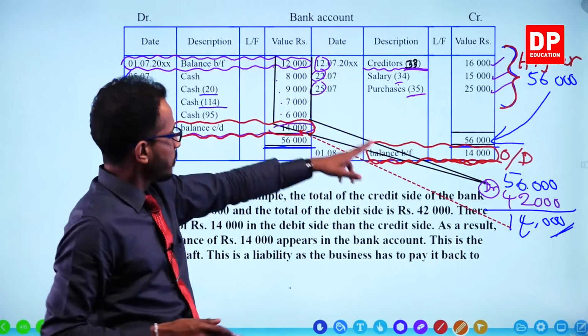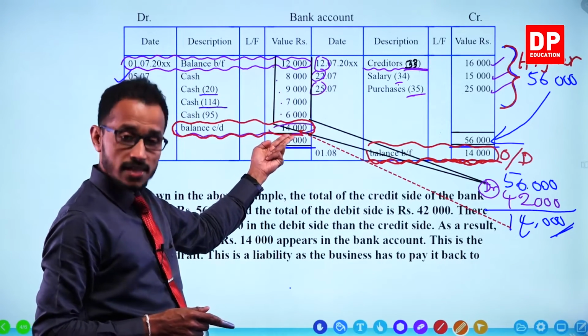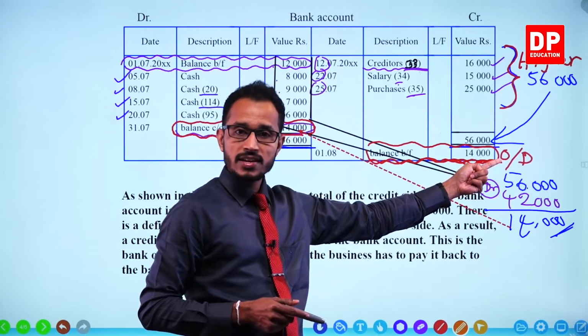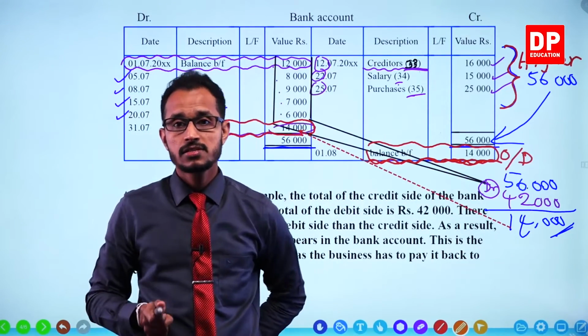Negative balance, which means the balance carried down is in the debit side, the shortage is in the debit side, and it is brought forward to the credit side again. It's a credit balance in the bank account.